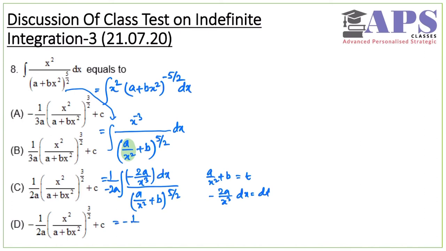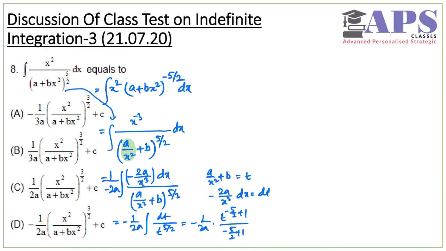So that's 1 by 2a with a minus sign, integration dt by t to the power 5 by 2, which will give us minus 1 by 2a into t to the power 5 by 2, which is t to the power minus 5 by 2. So t to the power minus 5 by 2 plus 1 by minus 5 by 2 plus 1, which is minus 3 by 2.